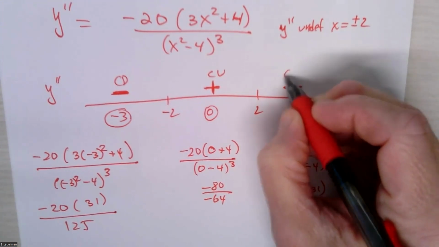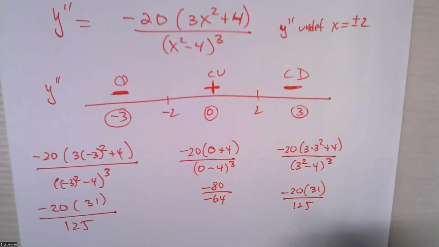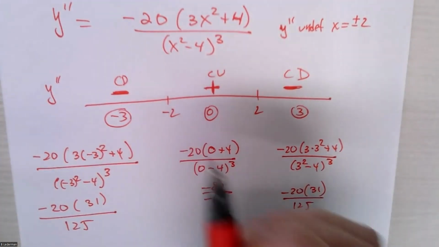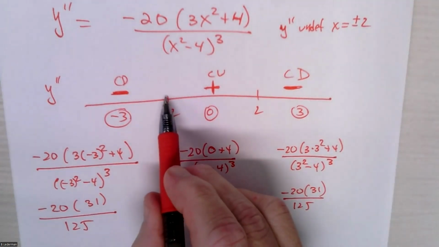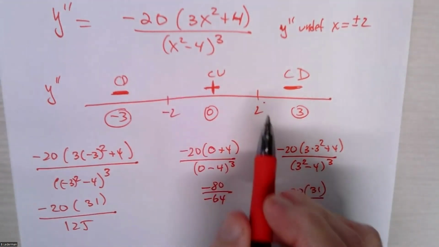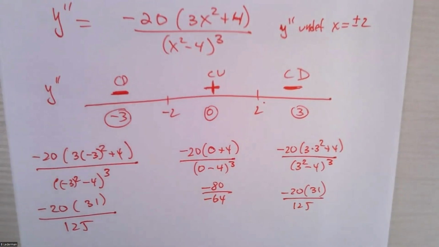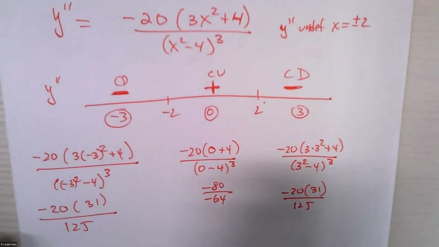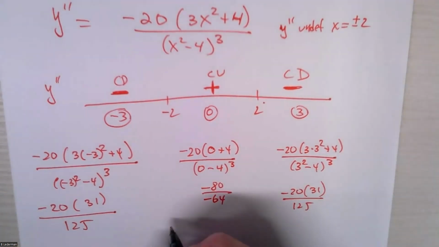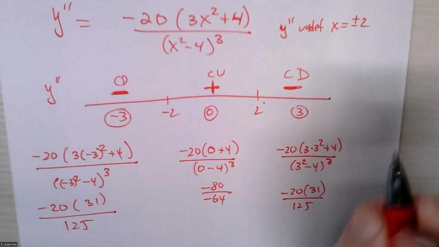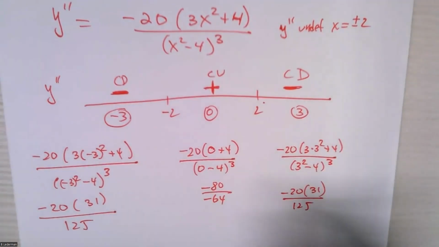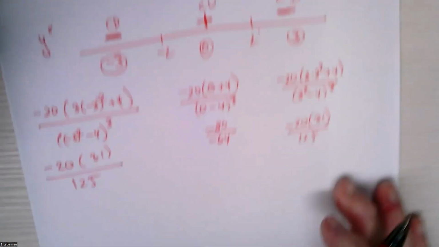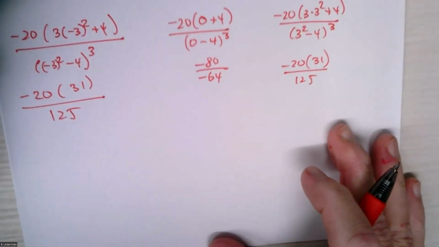So our function is concave down. And now I would love to say that I have points of inflection at -2 and +2, but I can't because they're not part of the domain of the function, as we mentioned previously. So again, there are no POIs here. Sorry.